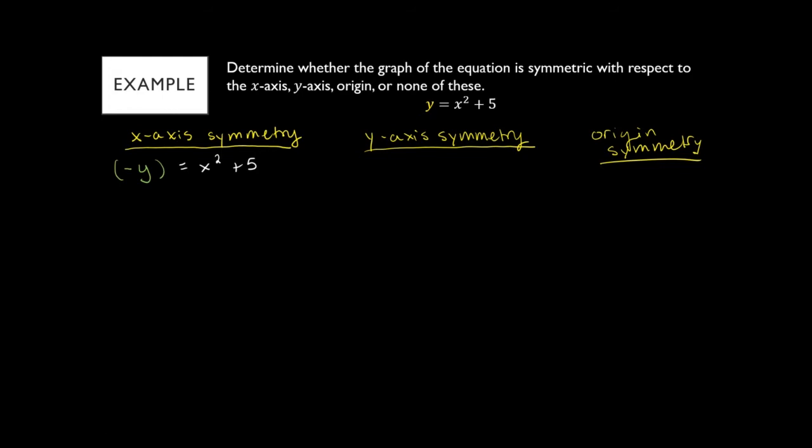In order to solve this for y, we have a negative y, we want y, so we're going to divide everything by negative 1. That gives us y equals negative x squared minus 5. Then you ask yourself, is this equation the same as that equation?